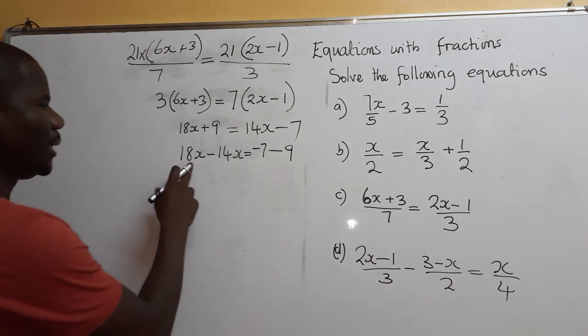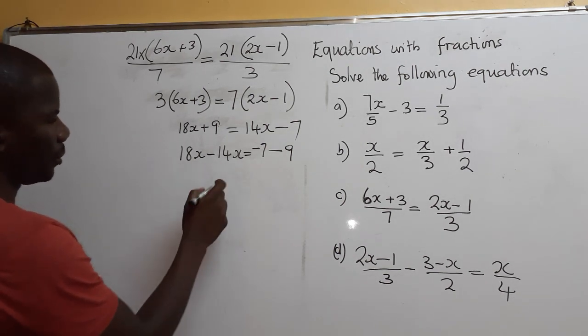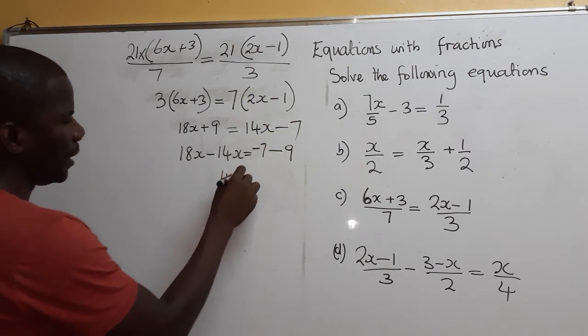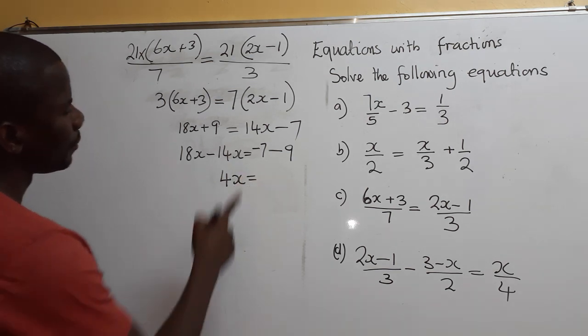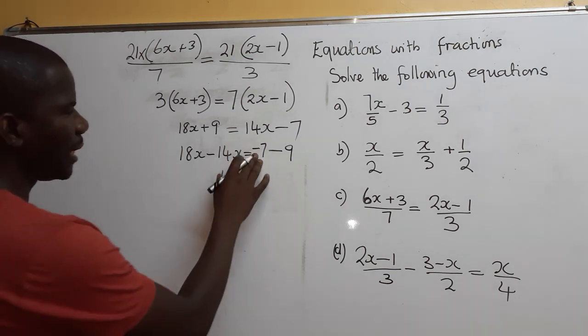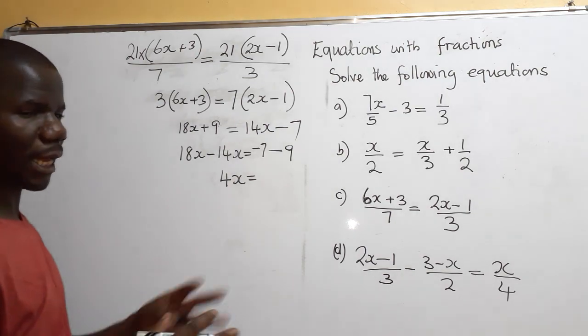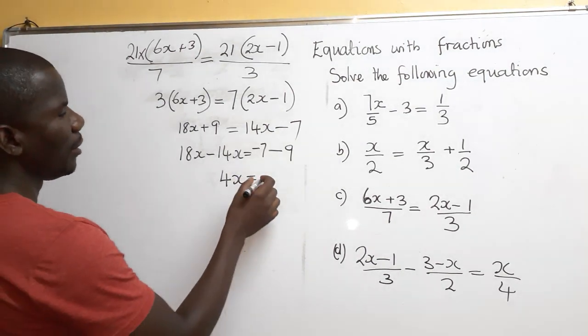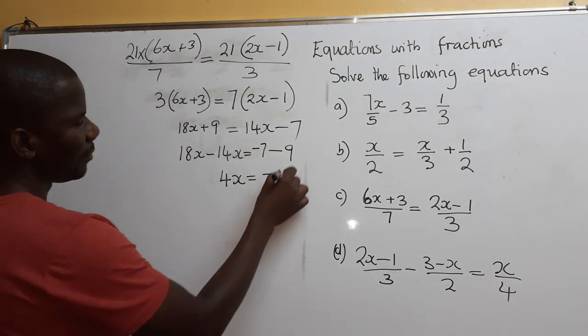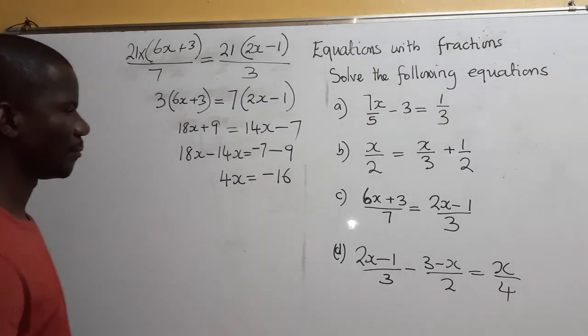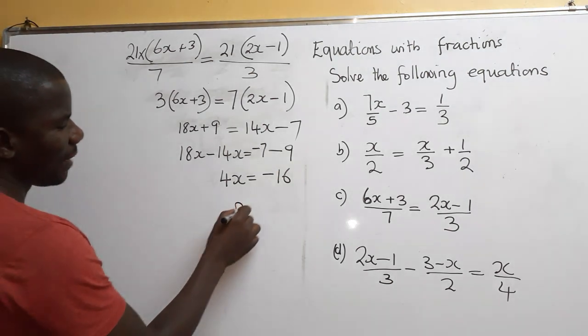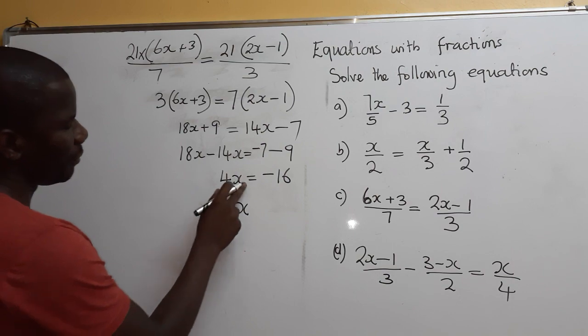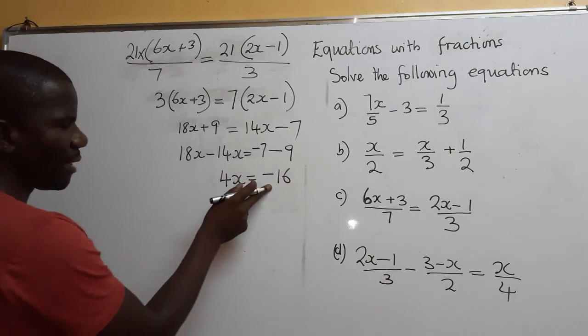So what do we get here? When you subtract, you're going to get 4x is equals to, what about this part? We have a negative and a negative. When we add negatives, we always get a negative. This is going to give us negative 16. So what is the final value of x? You divide by 4 here, you divide by 4.